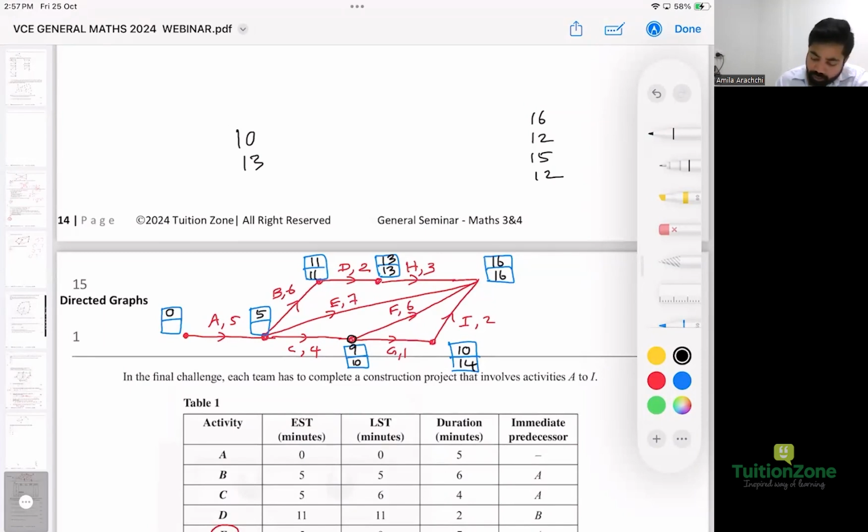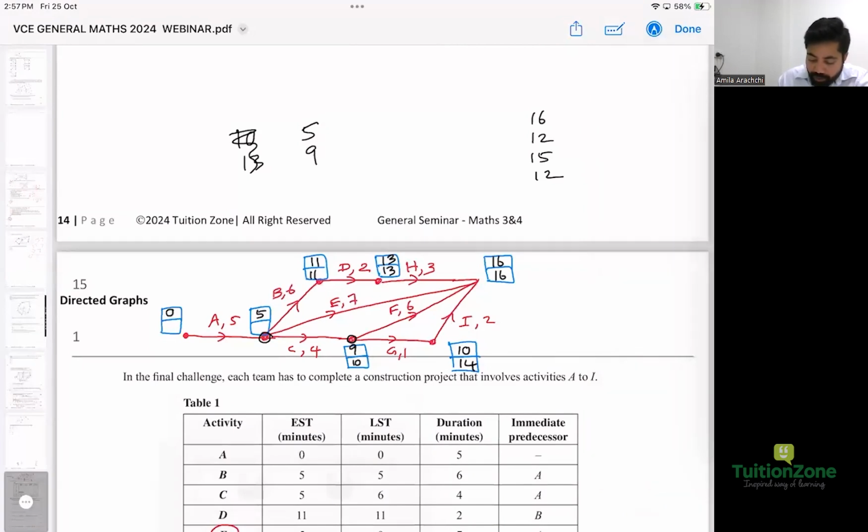And then to do this point, we need again, how many lines are connecting? 3 lines are connecting. So to do that, we had to go from 11 minus 6 is 5. And then 16 minus 7 is 9. And 10 minus 4 is 6.